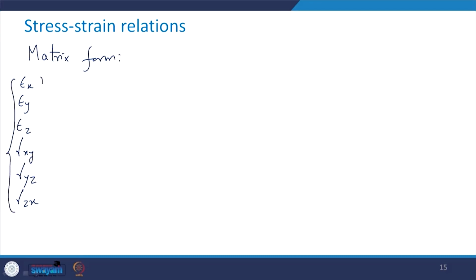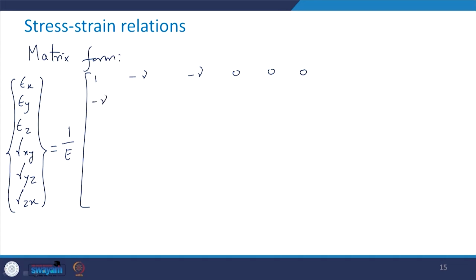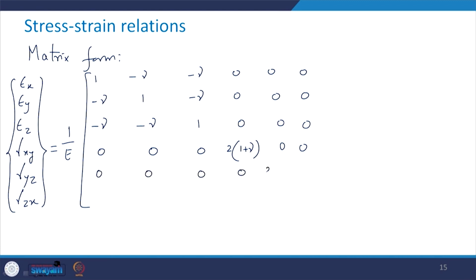That is the strain vector that we have, and this is going to be equal to 1 upon E, and then I will have this matrix: 1, minus nu, minus nu, 0, 0, 0; minus nu, 1, minus nu, 0, 0, 0; minus nu, minus nu, 1, 0, 0, 0; then 0, 0, 0, 2 times 1 plus nu, 0, 0; and likewise we reach the last row where the last element is 2 times 1 plus nu.